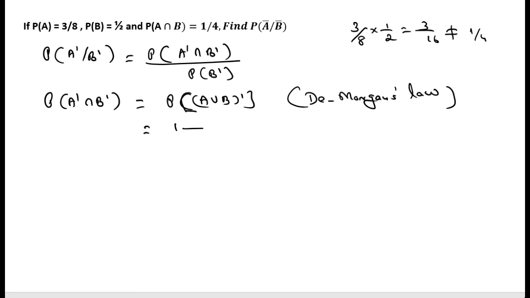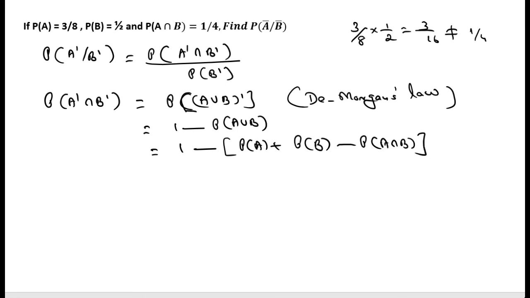So this equal to 1 minus probability of A union B. Complement means 1 minus probability of that event. So 1 minus A union B means probability of A plus probability of B minus probability of A intersection B.